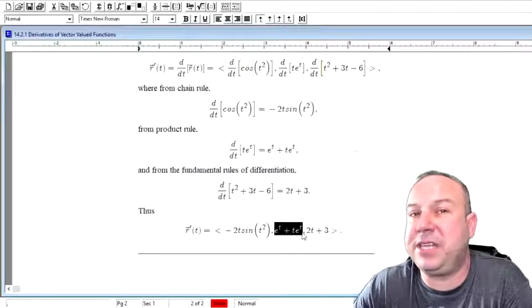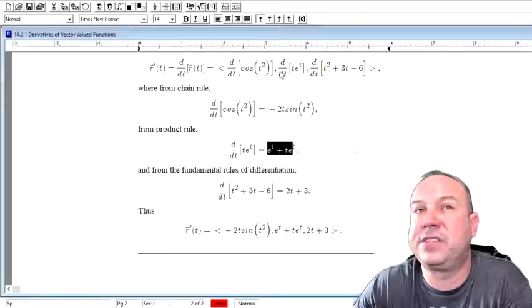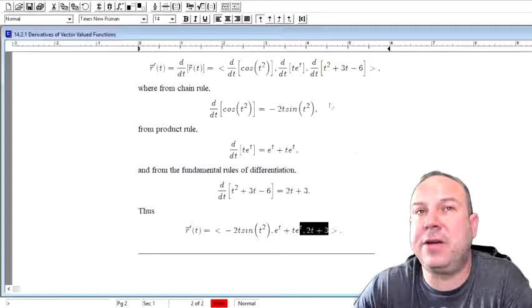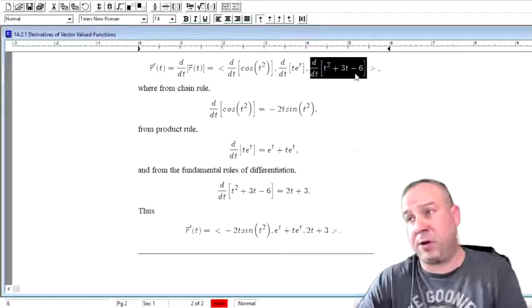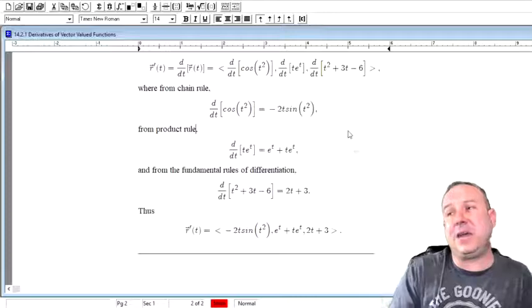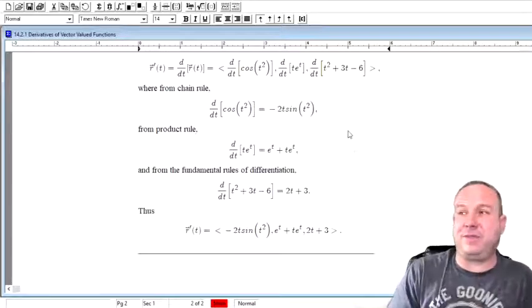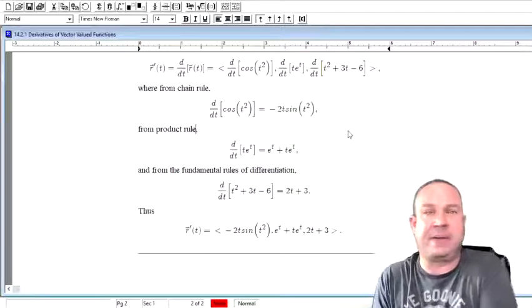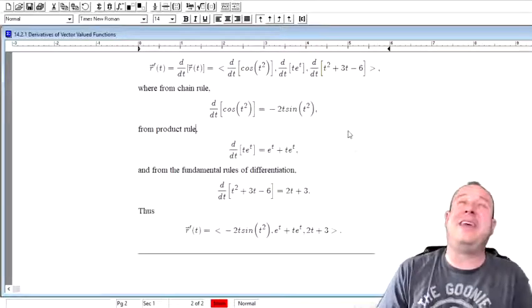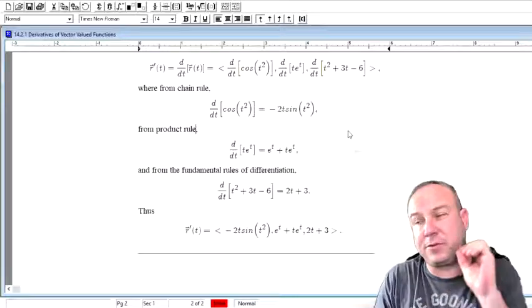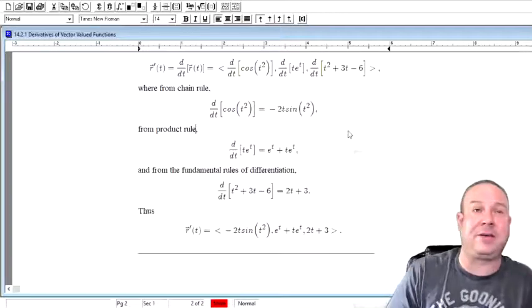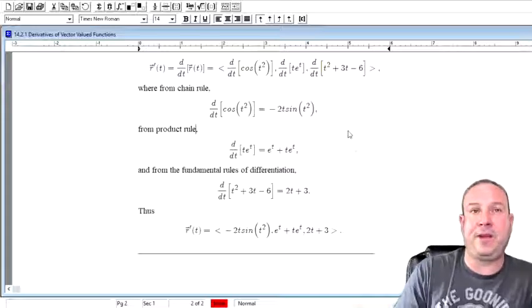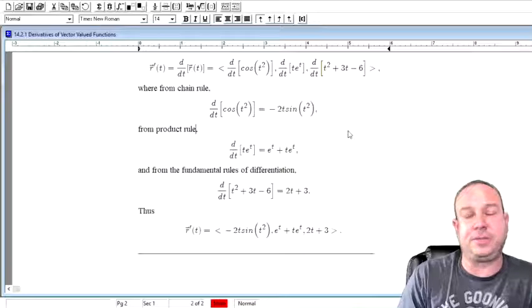E to the t plus t e to the t is the derivative for the second component of r bar. And 2t plus 3 is the derivative of its third component. That's how we apply derivatives to vector valued functions. It just distributes itself as an operator across the scalar components of the vector, and then that derivative operator applies itself to those scalar components as you did back in calculus when you were applying derivatives to scalar valued functions.